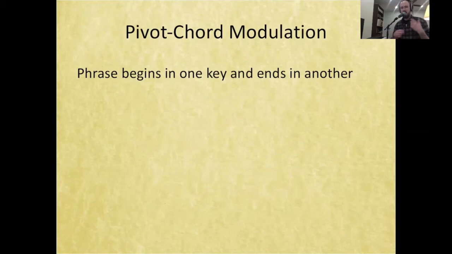Key changes, those big dramatic things, so often happen in between phrases, right? I get to the end of my phrase, and now I'm going to change keys for the next phrase, right? Sort of the big one.